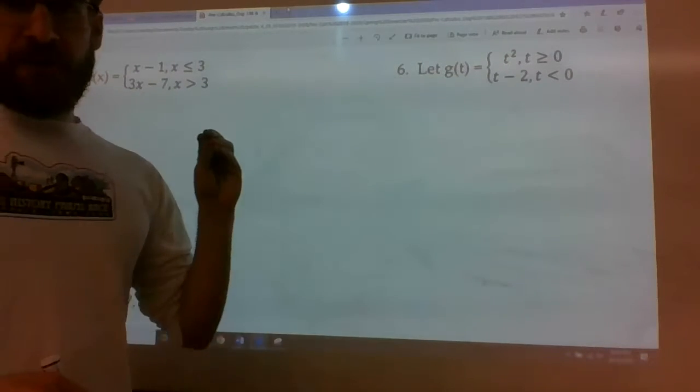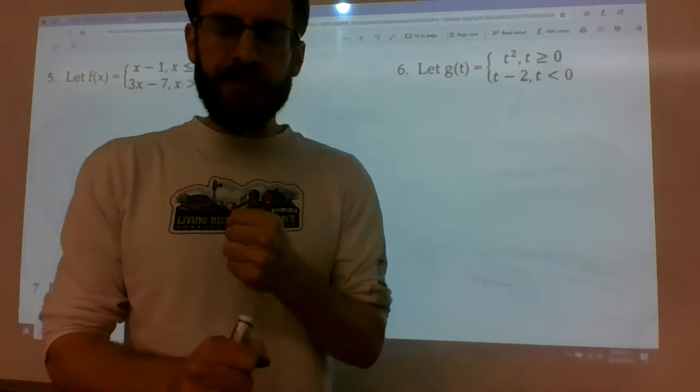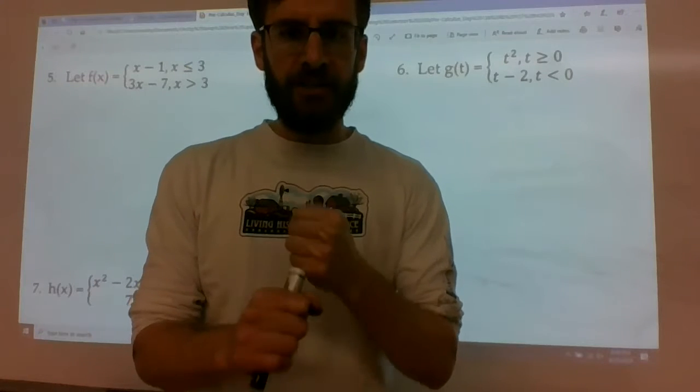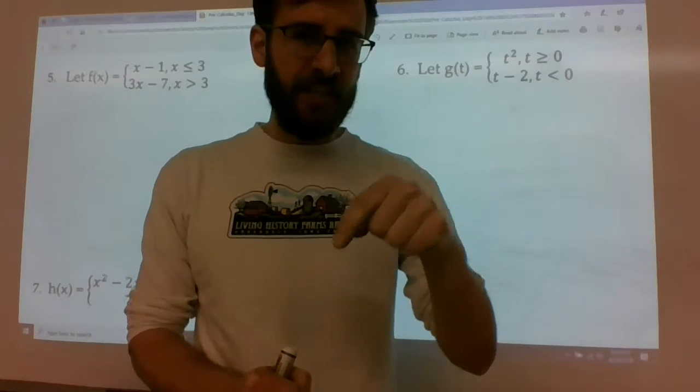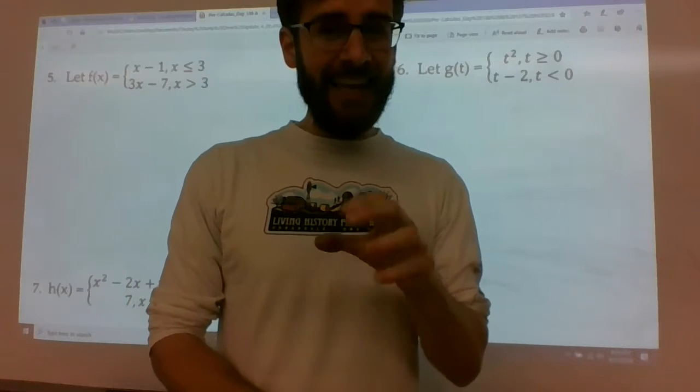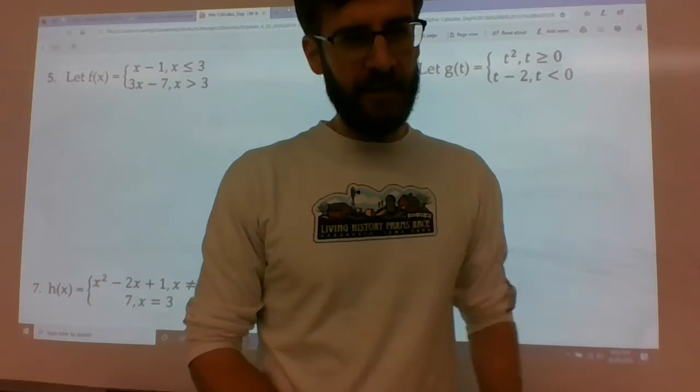When you have a piecewise function, this really helps illustrate exactly what continuity is. In order for a function to be continuous at a point, its actual definition looks like this.